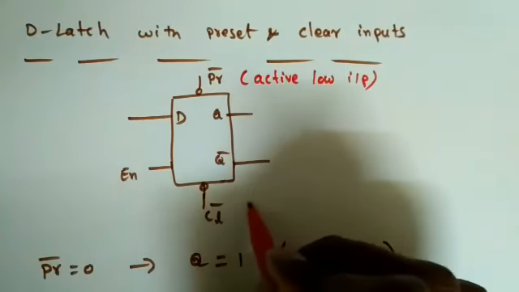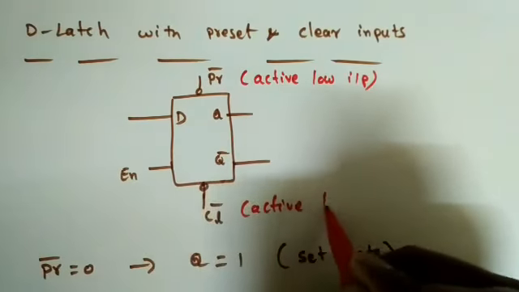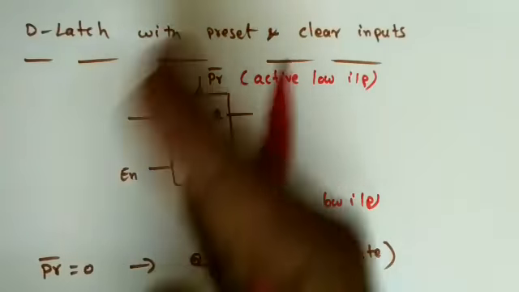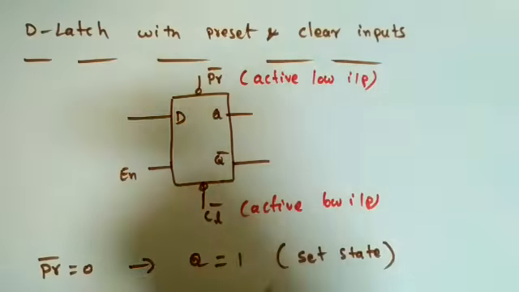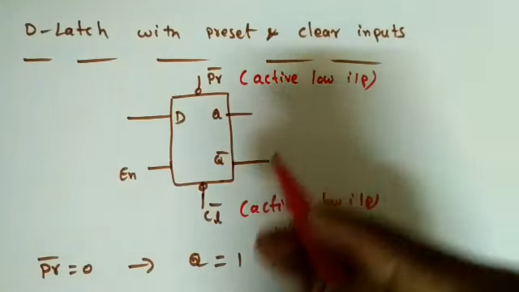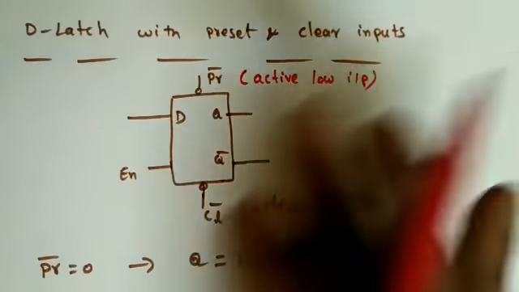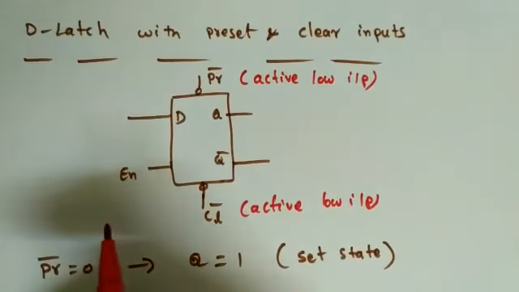A bubble means active low input, and without a bubble means active high input. That means when PR is equal to 1, the output will become 1. When CL is equal to 1, the output will become 0. That is, it is clearing the output, right?